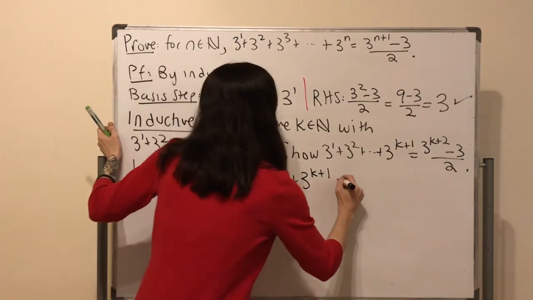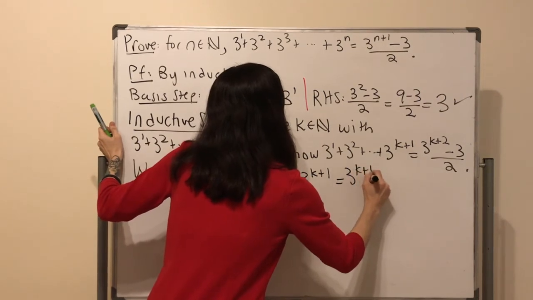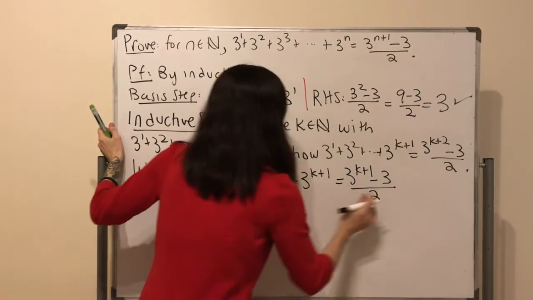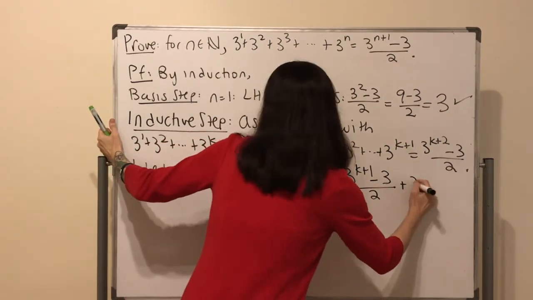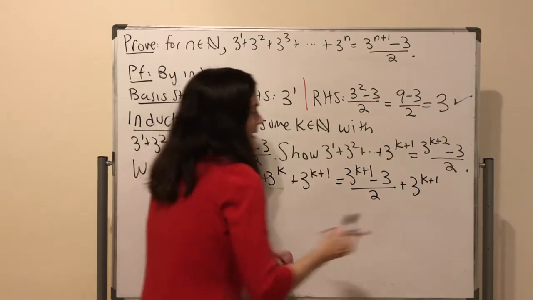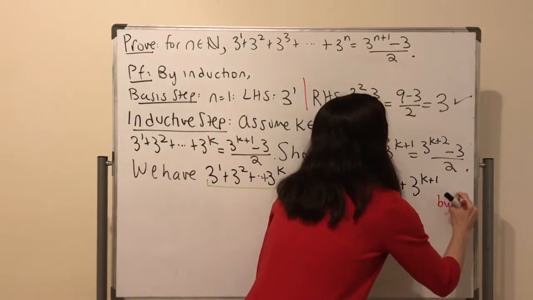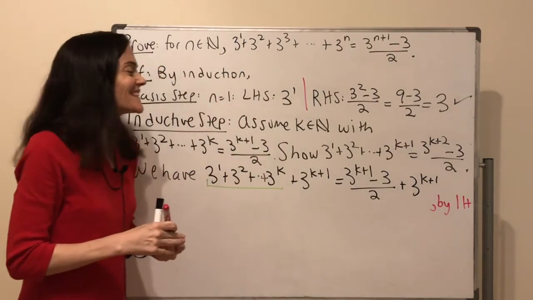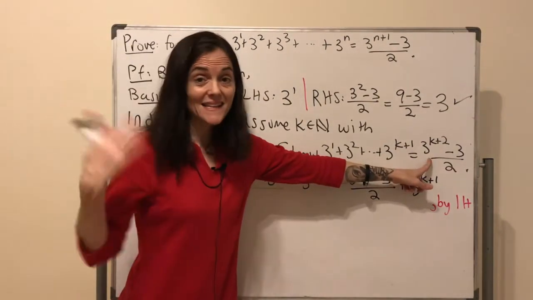So this is 3 to the k plus 1 minus 3 over 2. And then we just have this one term still to write. And this would be, using the inductive hypothesis. Now, we can use this as guidance.